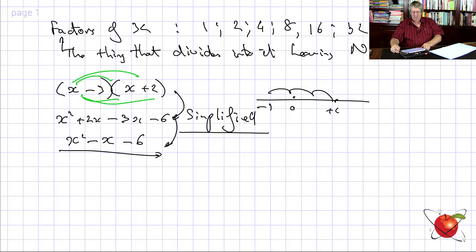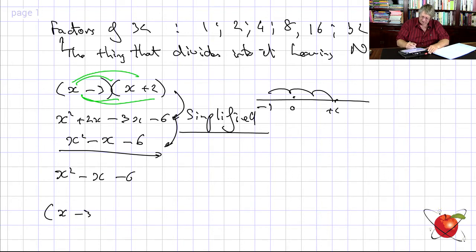Now what if I said x squared minus x minus 6, and I then say, okay, how do you get back to x minus 3, x plus 2?